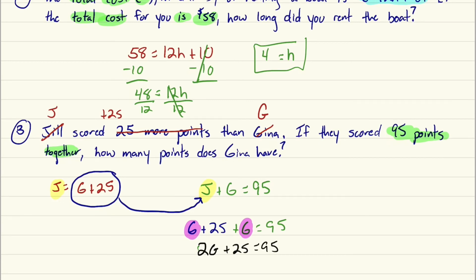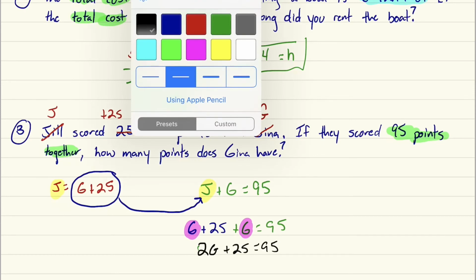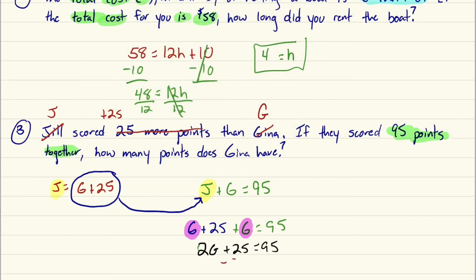So I solve that by subtracting 25 from both sides because I got to do my addition and subtraction first. That ends up giving me 2g on the left is equal to 70.